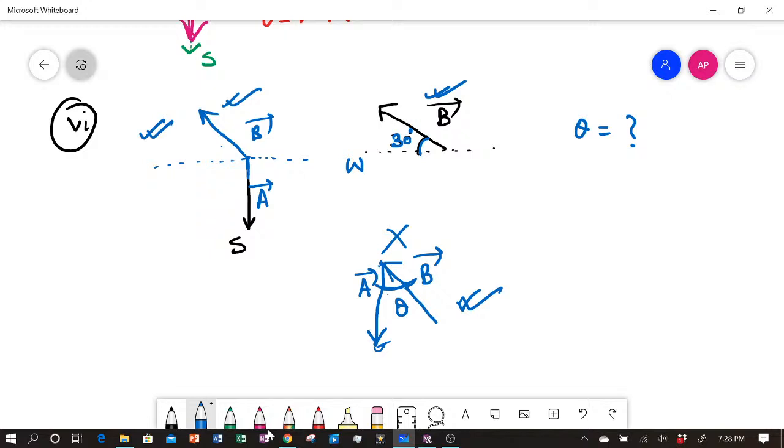We have to join the starting of these two vectors to calculate the angle theta between them. This is the starting point, not this one.